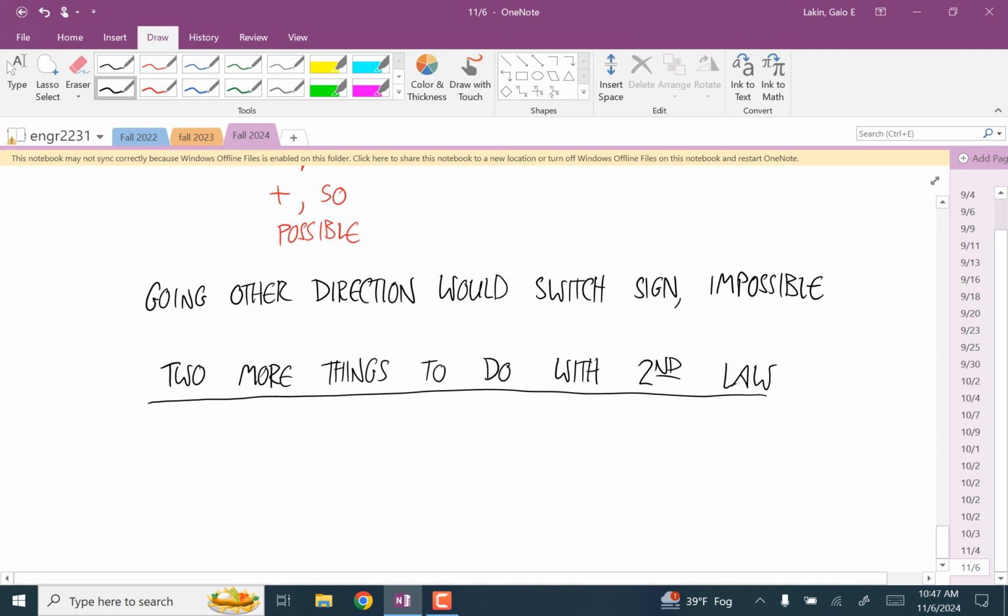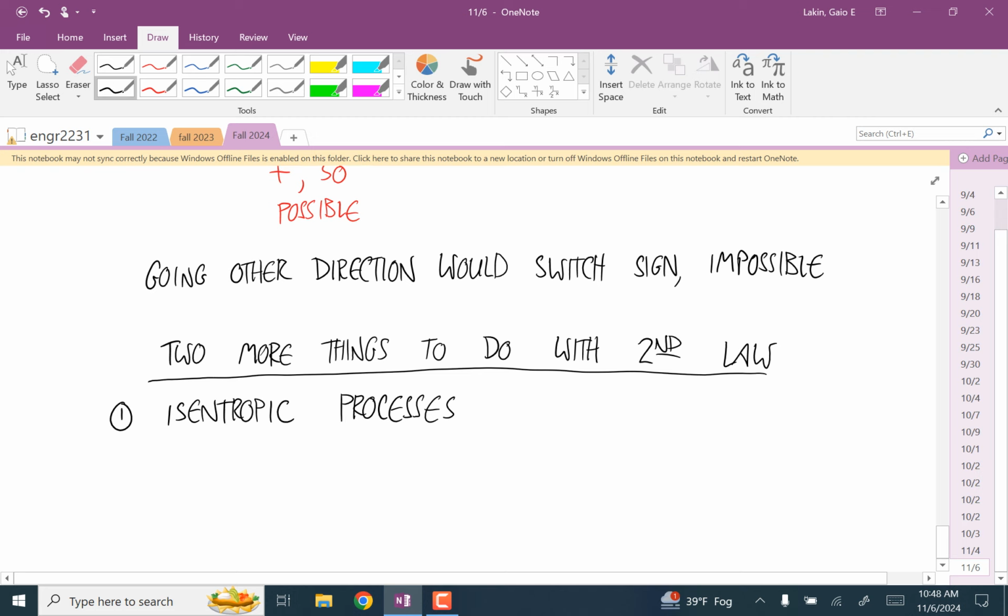Those are talking about isentropic processes, which are processes where there's no heat exchange and no internal irreversibilities.